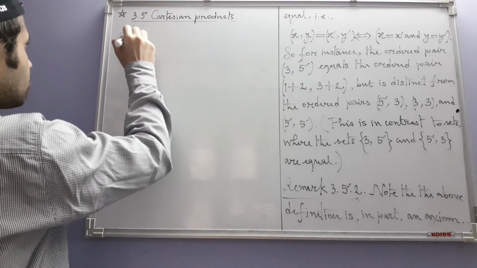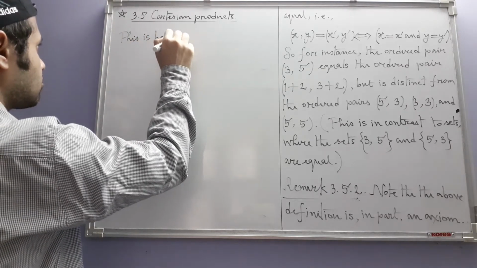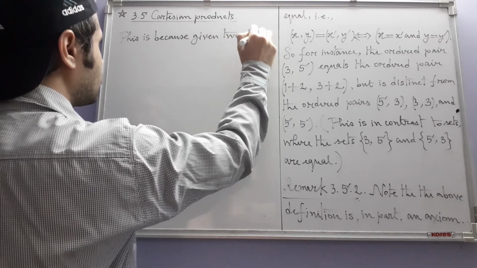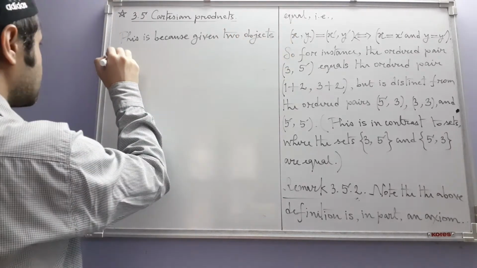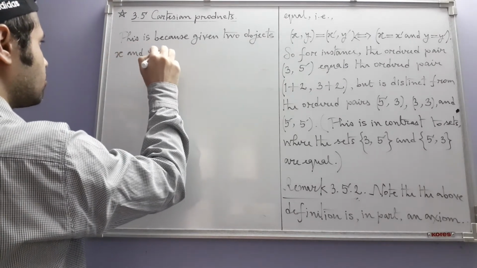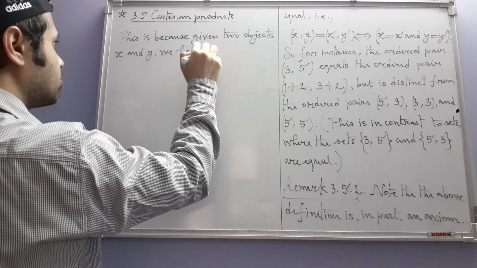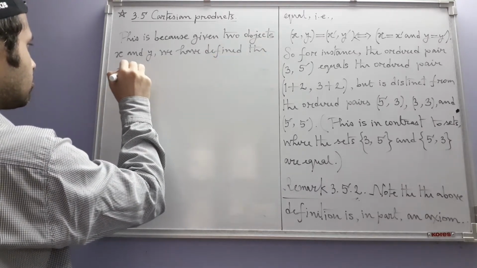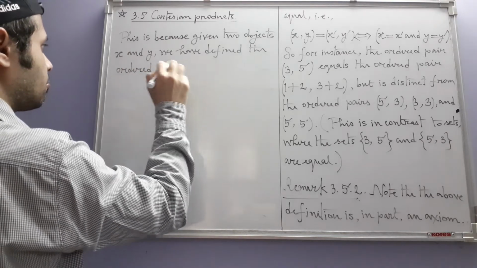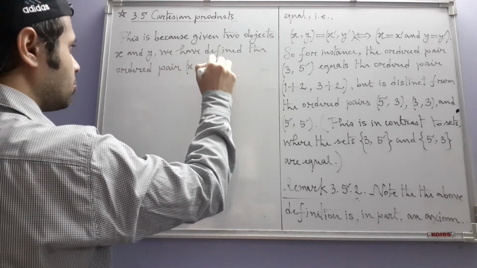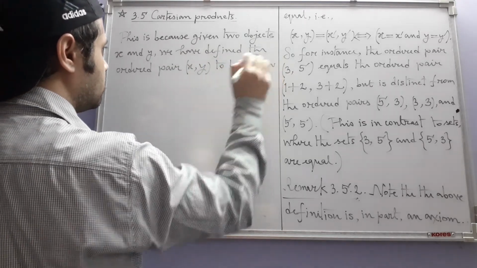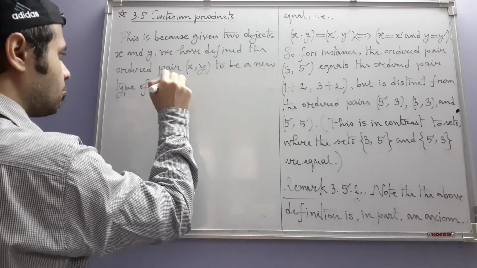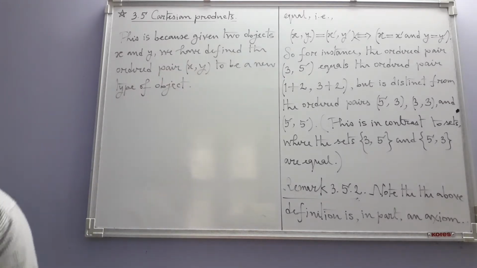This is because given two objects x and y, we have defined the ordered pair to be a new type of object. Let me quickly refill.